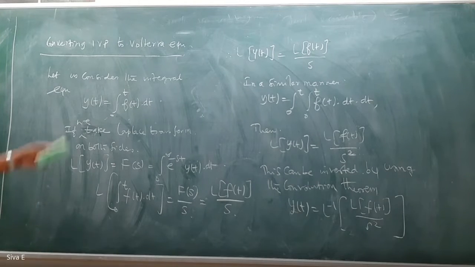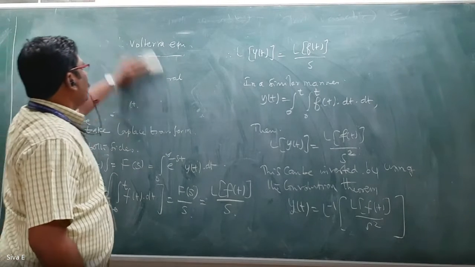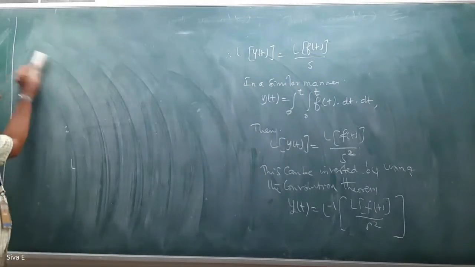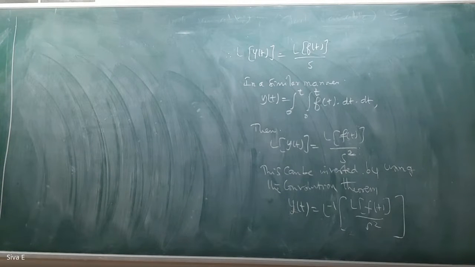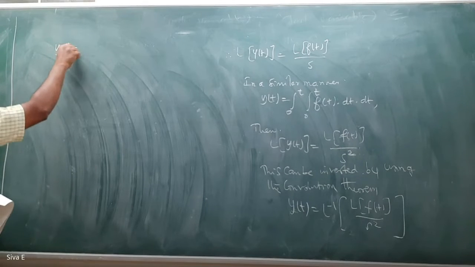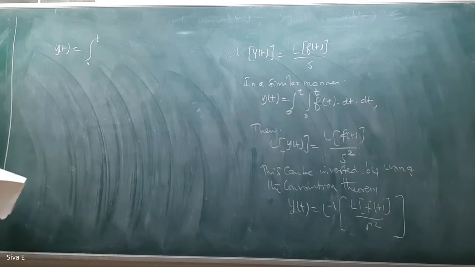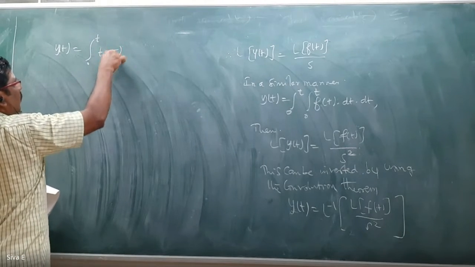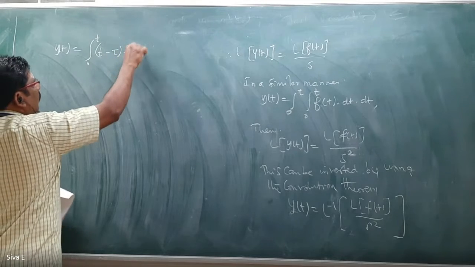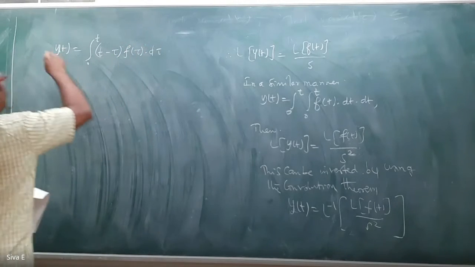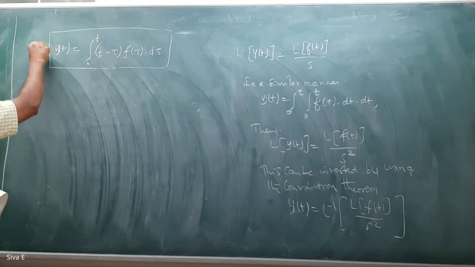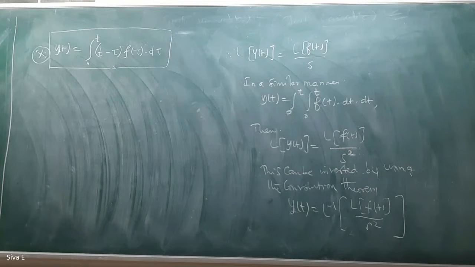This gives that y of t equals the integral from 0 to t of (t minus tau) f of tau d tau. Please keep it in mind. It is one of the important questions.